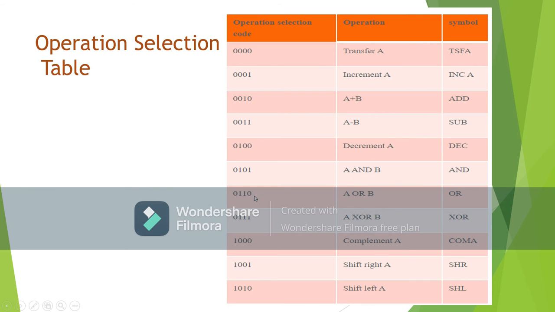Then 0110 performs the OR operation between A and B. 0111 performs the XOR operation between A and B. Then 1000 performs the complement, means the inverting operation on A. So it calculates the complement of A. Then 1001 is used for shift right and 1010 is used for the shift left operation.